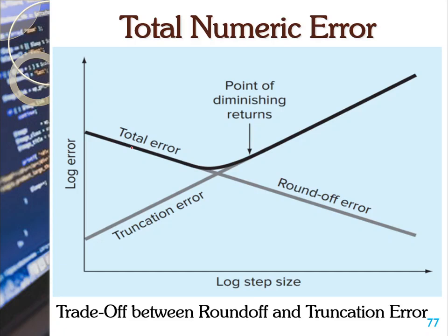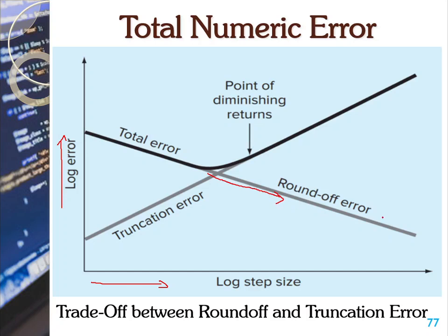So let's look at this plot or graph as we see in here. We have our error going up and we have our step size this way. So as we increase our step size, we are in a way decreasing our roundoff error, because if we are using a bigger step size, it means that our iterations will be less.